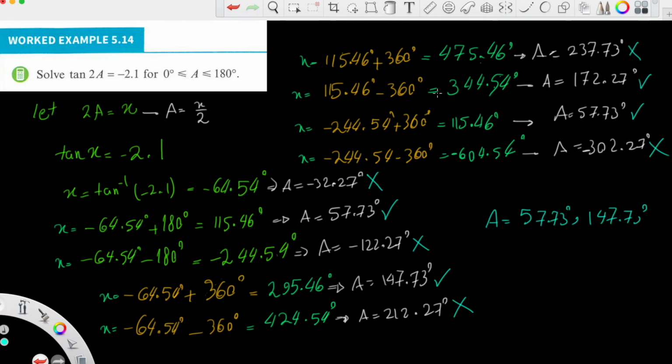We have a miscalculation here. It is negative, so it is not acceptable. So these are the only two answers for this equation in this interval.